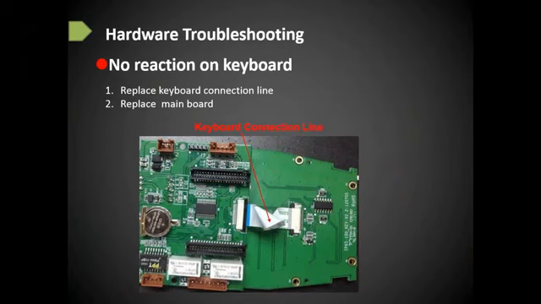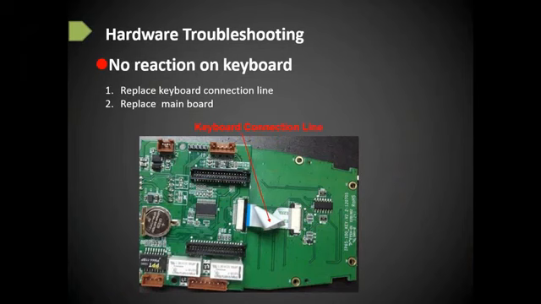And number 3, no reaction on the keyboard. As I told you before, the MA500 has added the keyboard compared with the MA300. So when we encounter this problem, no reaction on the keyboard, what should we do? You can ask your customers whether or not they broke or changed some files, because as a result, the keyboard will have no reaction.